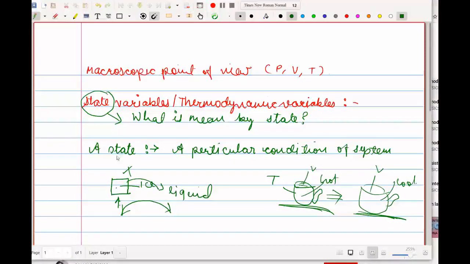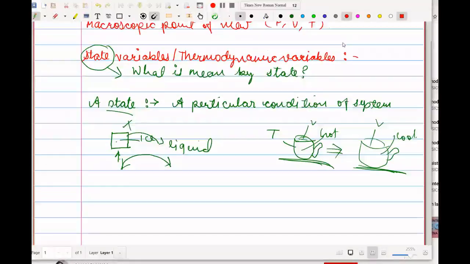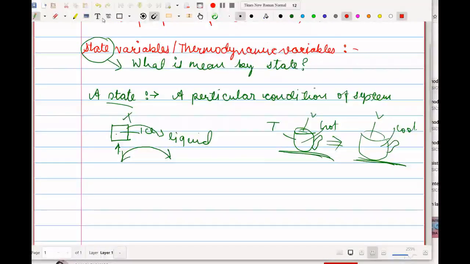So here we have defined the state using the temperature, volume, or maybe the pressure. Okay. So we now need to define state variables or thermodynamic variables or state functions.